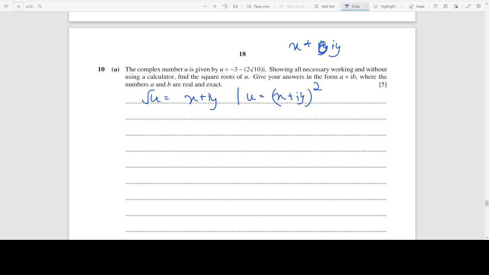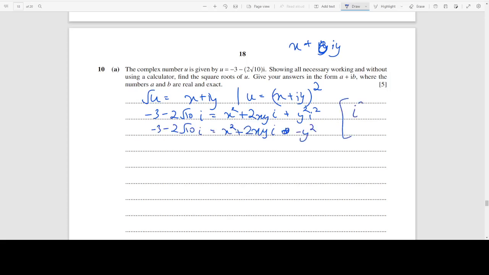So u, which is minus 3 minus 2 root 10 i, is equal to x square plus 2xyi plus y square i square. So minus 3 minus 2 root 10 i is simply equal to x square plus 2xyi minus y square. Minus y square because i square is simply minus 1, because i is root minus 1.